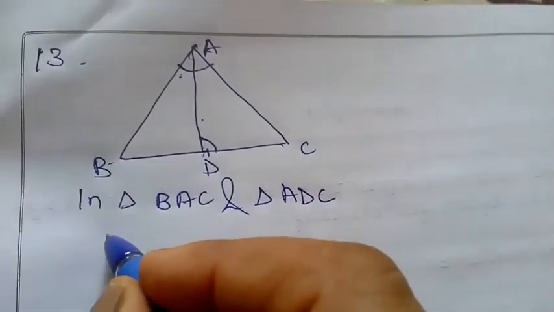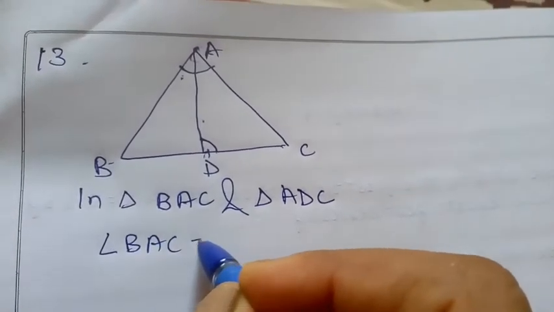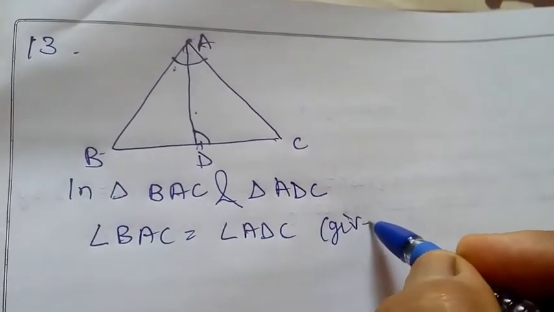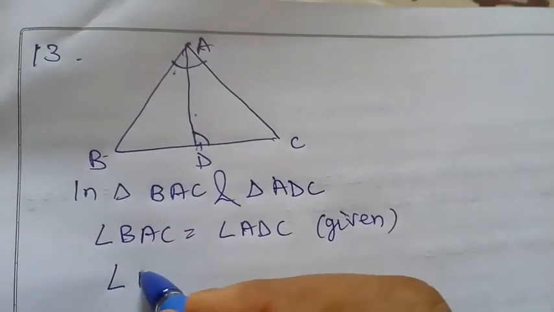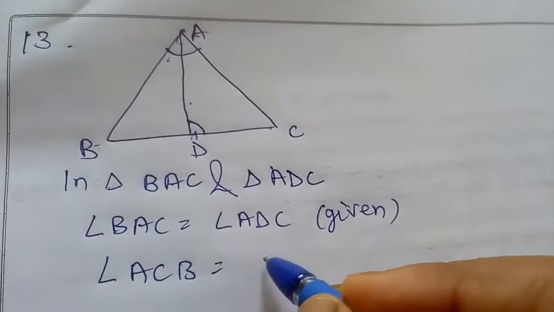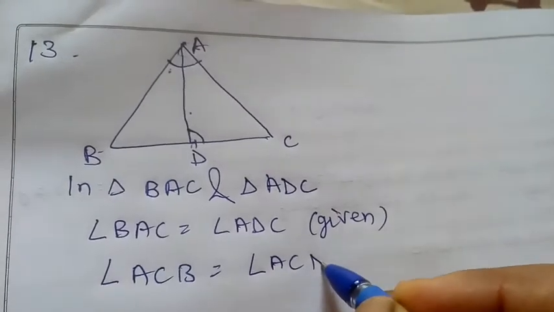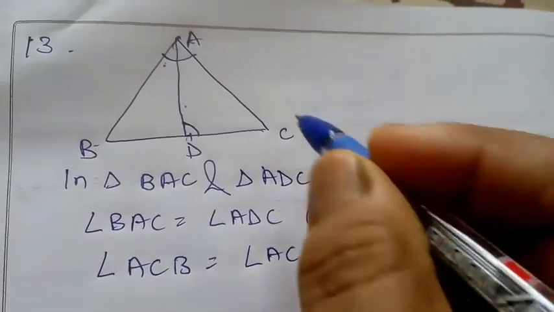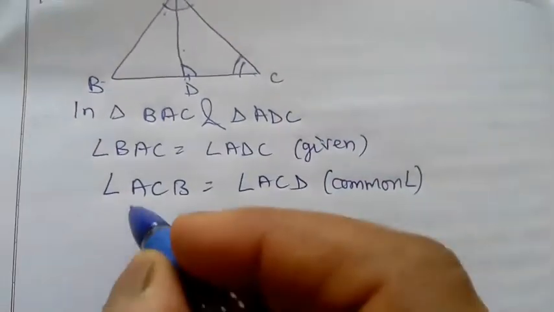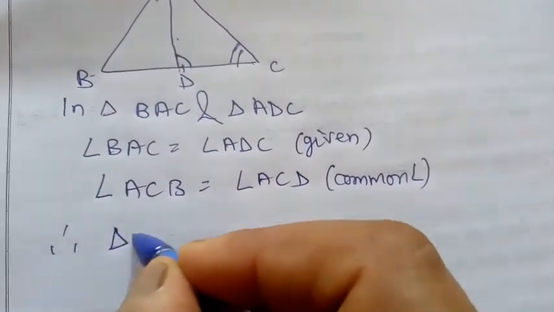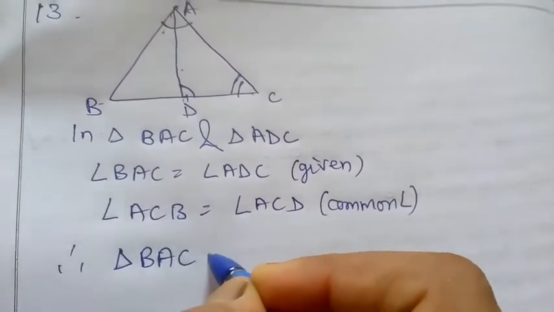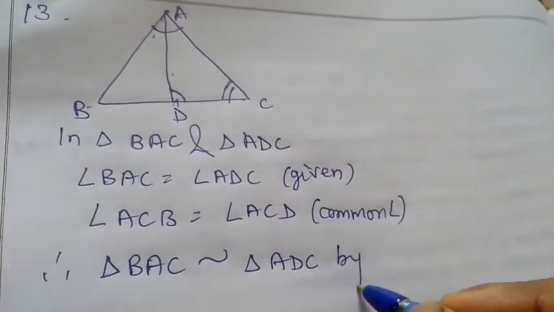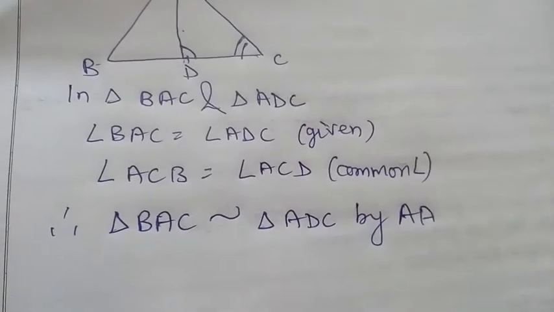angle BAC equals angle ADC, given, and angle ACB equals angle ACD, common angle. This angle is common. Therefore, triangle BAC is similar to triangle ADC by AA criteria.